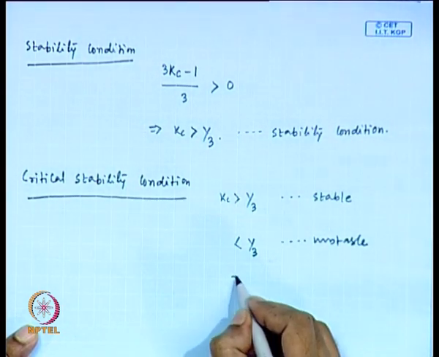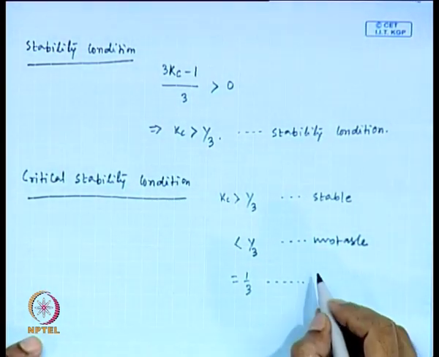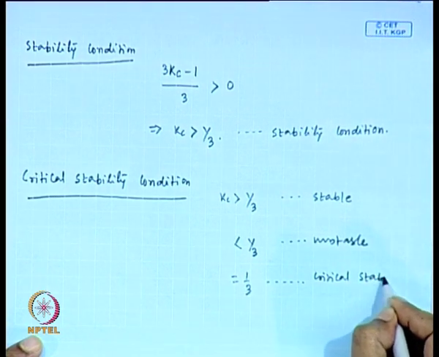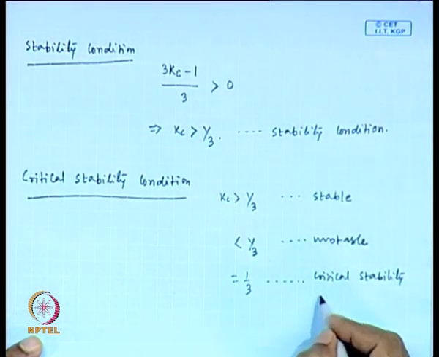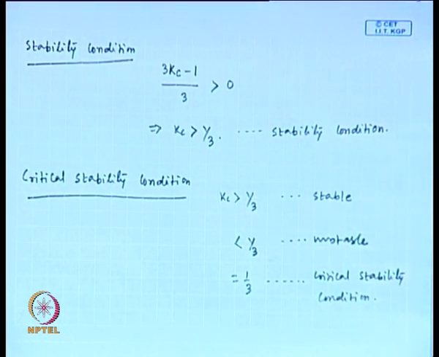Now, if Kc is equal to 1/3, then we can say that this is the critical stability condition.